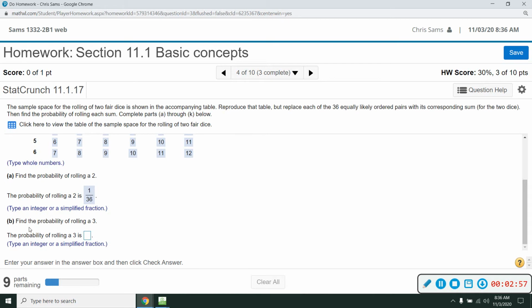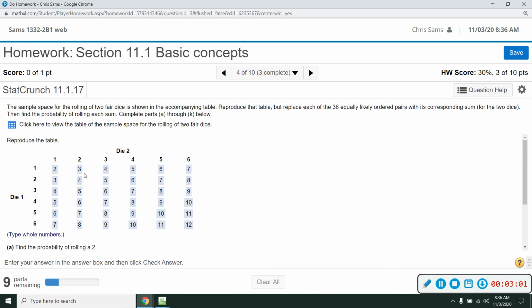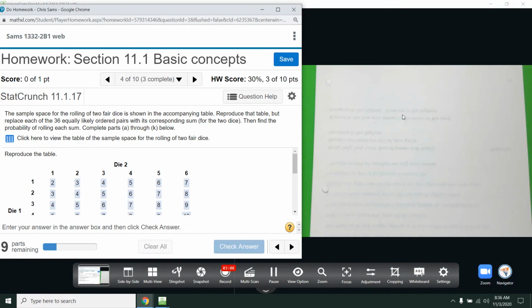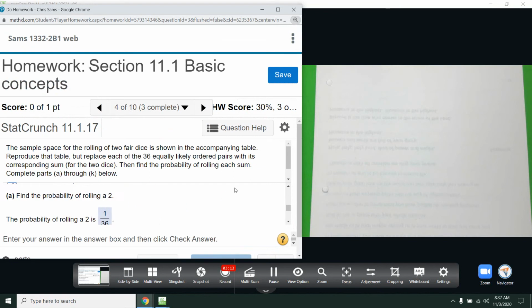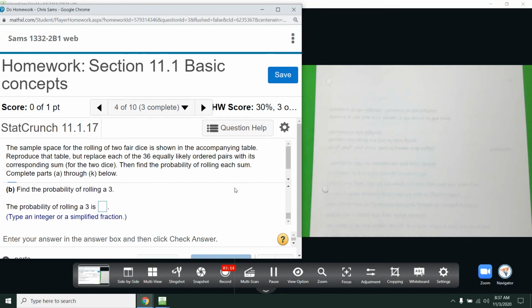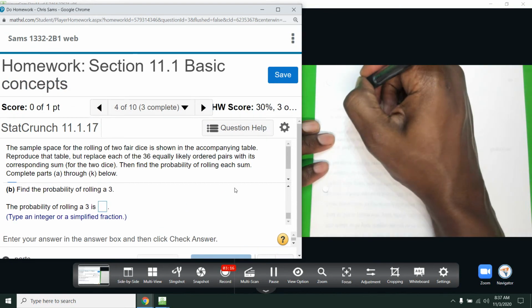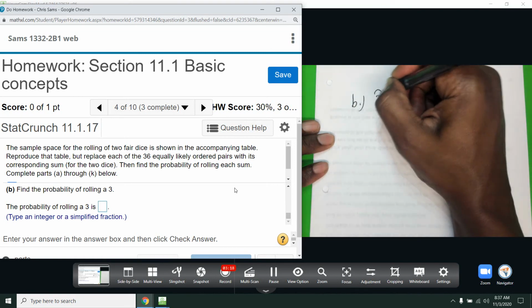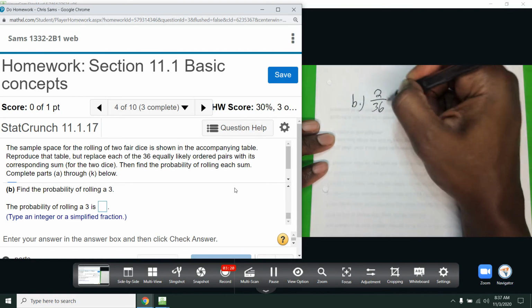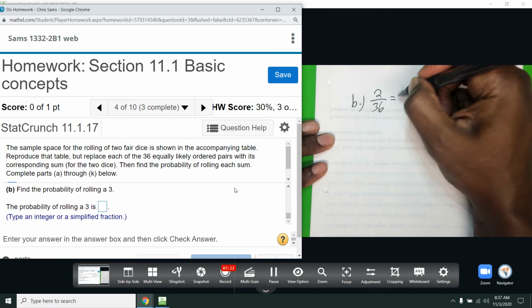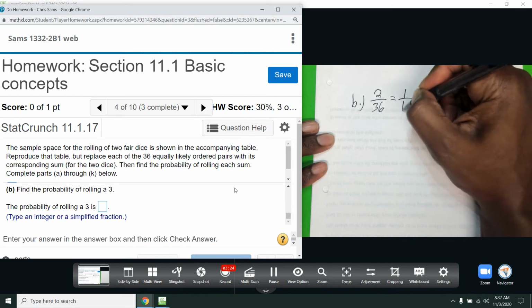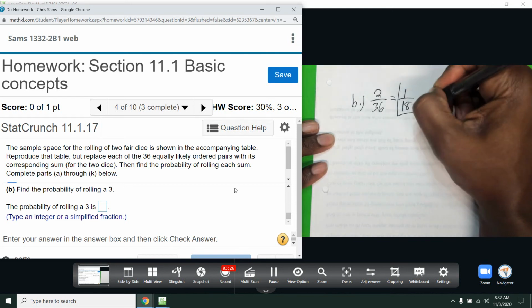Part B, find the probability of rolling a 3. Rolling a 3, there are 2 3s out of 36. Since both of these are even, we can divide by 2, and that will reduce to 1 out of 18.